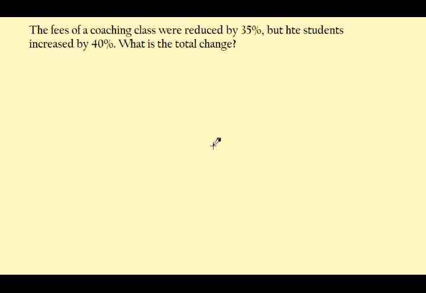So let's try a new example here. The fees of a coaching class were reduced by 35%, but here there is a spelling mistake. This is but the students increased by 40%. What is the total change? So here two values are given, one is reducing, one is increasing. So I hope you remember this formula: A plus B plus AB upon 100.